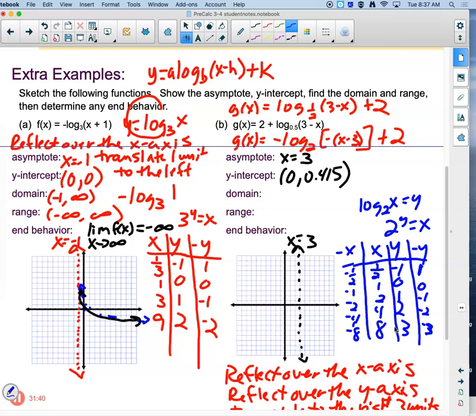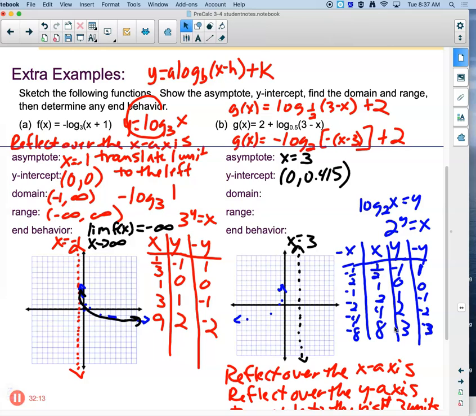So you use the first column and the last. Negative 1/2, 1. Negative 1, 0. Negative 2, negative 2. And negative 8, negative 3. So I think is about there. Now, again, that would be with a normal asymptote of x equals 0. But we have to move this one.